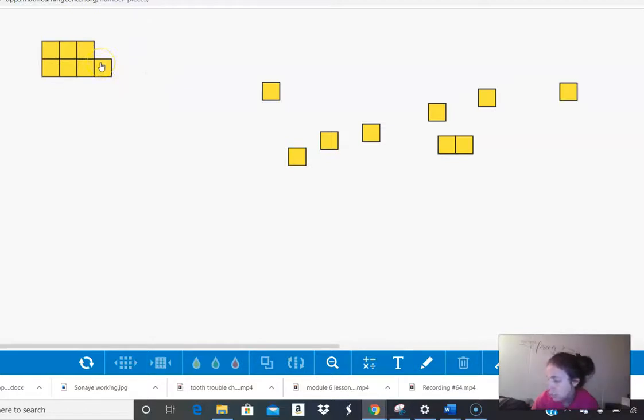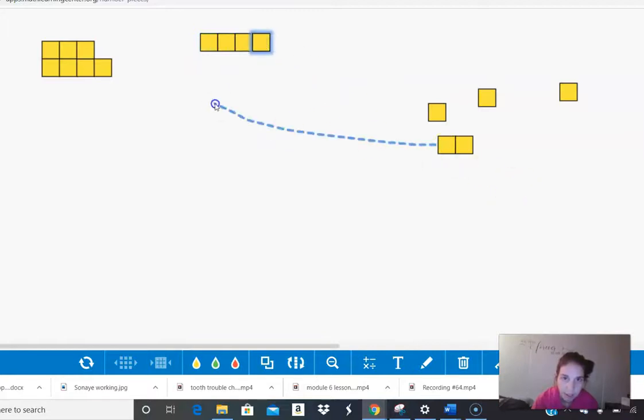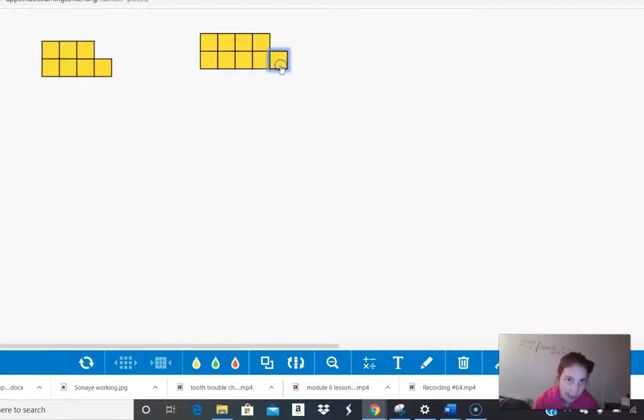And then our next group is going to be 2 rows of 4 and then plus 1 more. 1, 2, 3, 4. And then we're going to do plus 1 more because we want 2 odd numbers. So this grouping, we have 9 and we have 7.